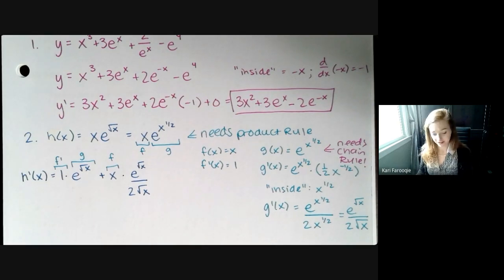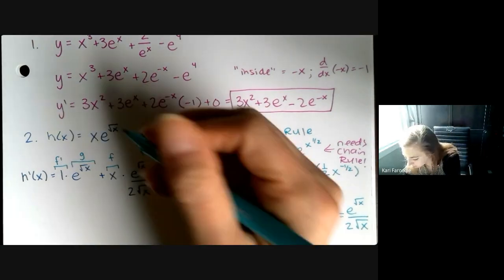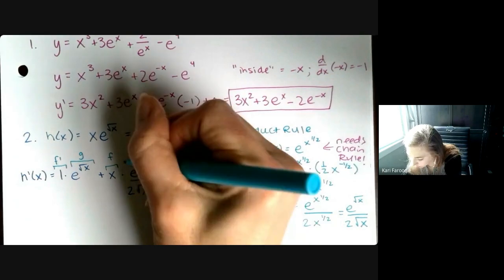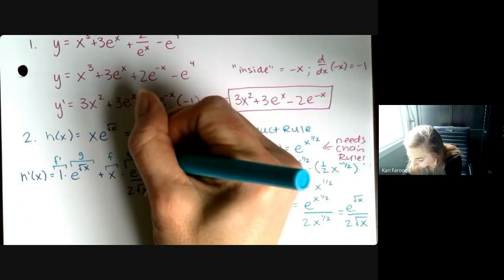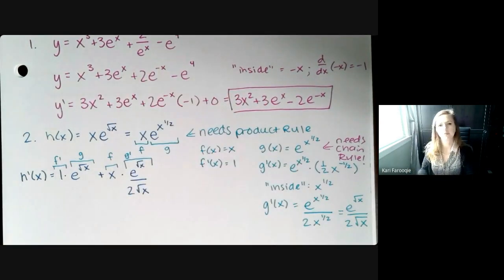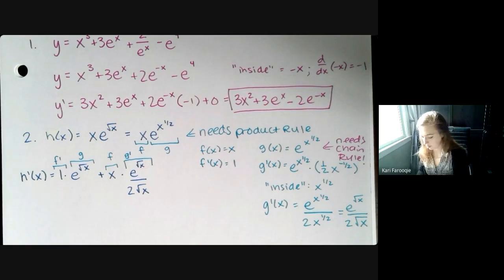We'll simplify this. There's a lot that we actually need to do to simplify it. Oh, you know what? I did not label this. f prime g plus f g prime. I think you're pretty familiar with using your product rule now, so we should be good.